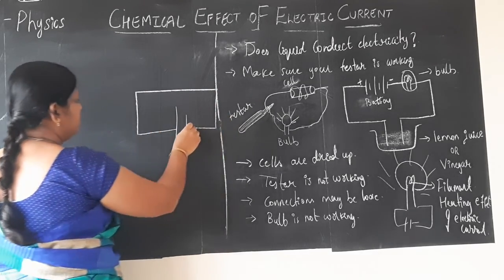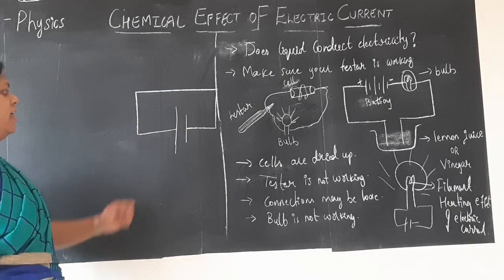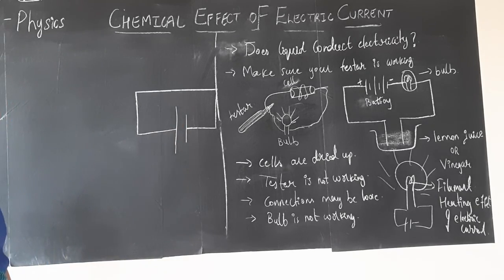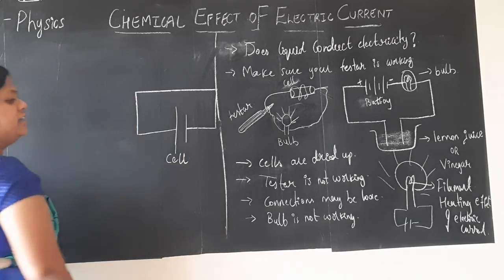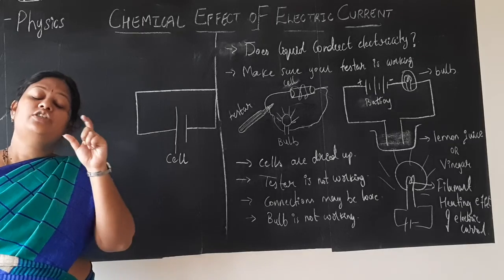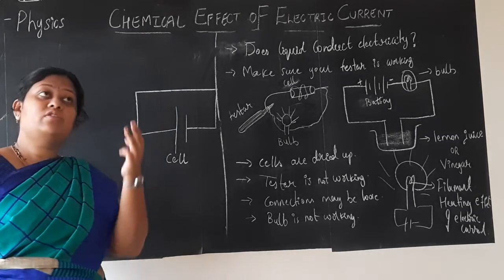This is the circuit. Now you have just connected the cell. One positive line, one negative end you have. This is a cell. What you connect is a cell. I already told you about the cells you use in remotes or wall clocks.